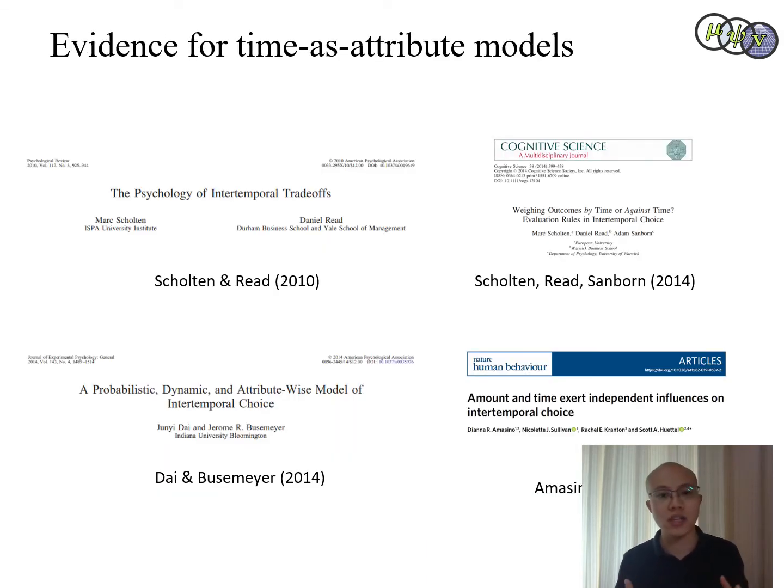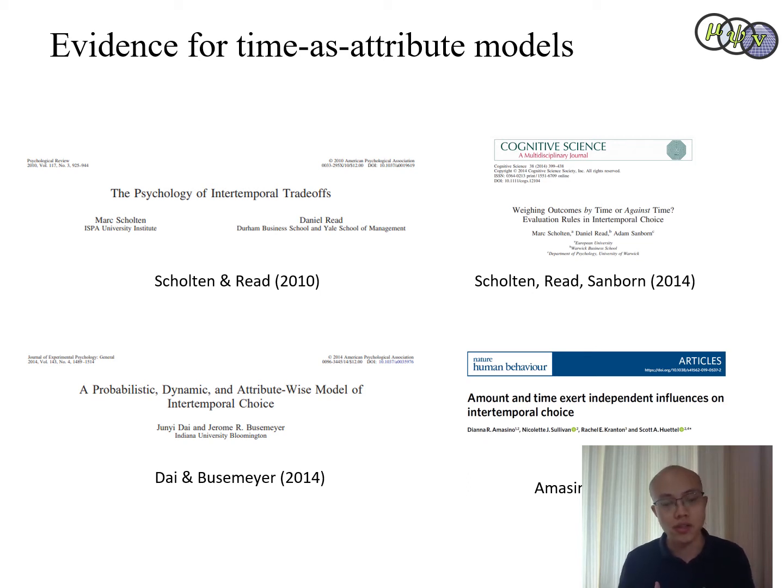Recently, there has been some surging evidence for time as attribute models as compared with discounting models. The early but recent evidence comes from the paper by Scholten and Read in Psychological Review in 2010, called The Psychology of Intertemporal Tradeoffs.